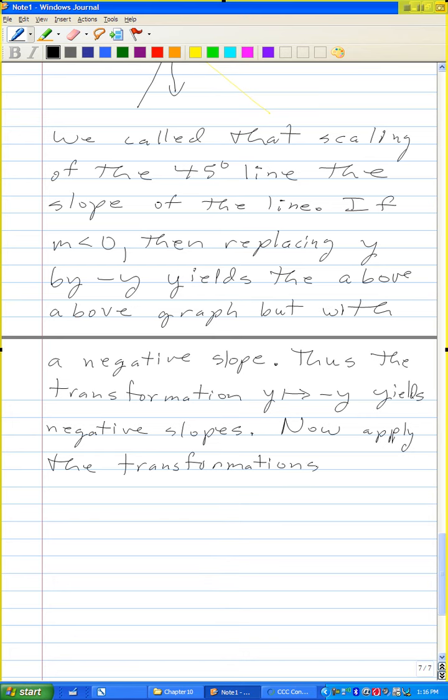And so I'll actually apply two transformations. Let's do x minus x1, and y, let's do y minus y1. Okay.